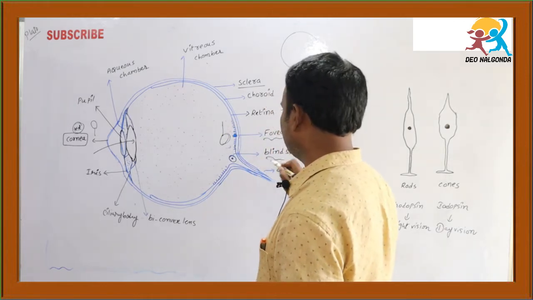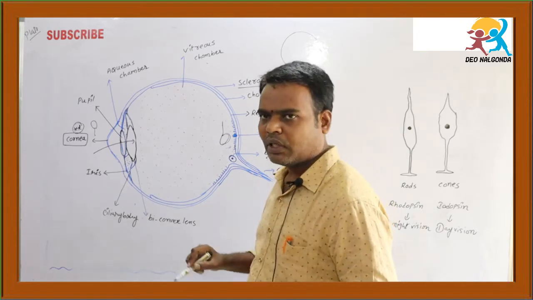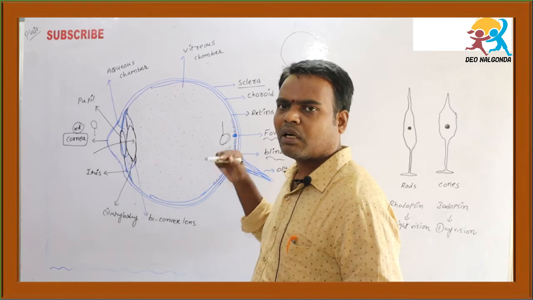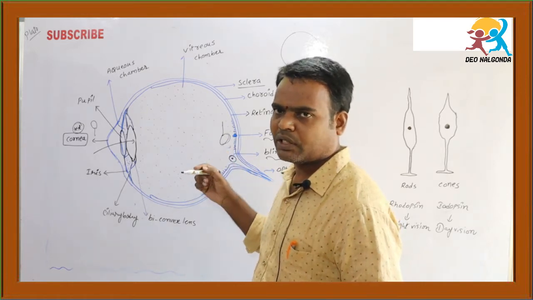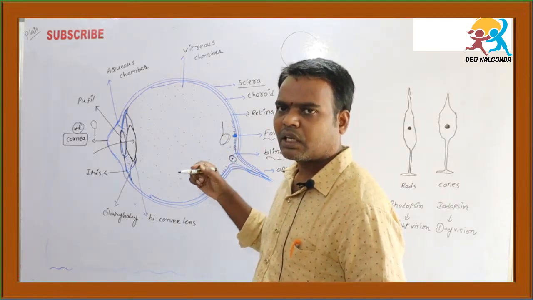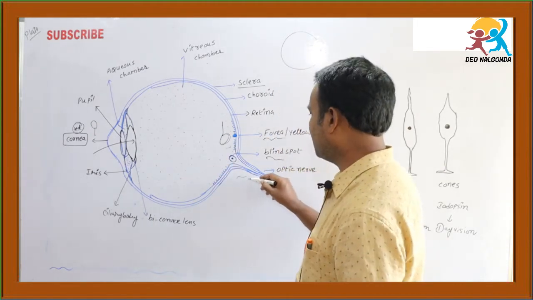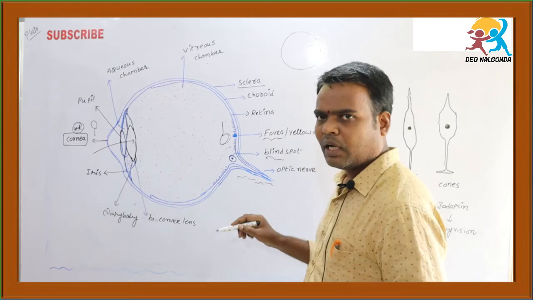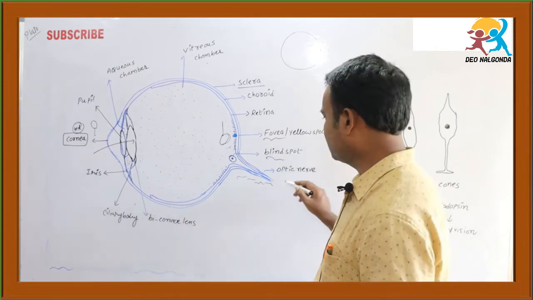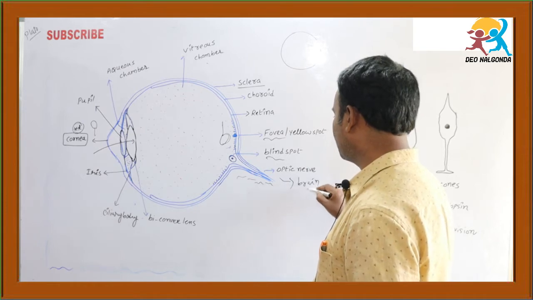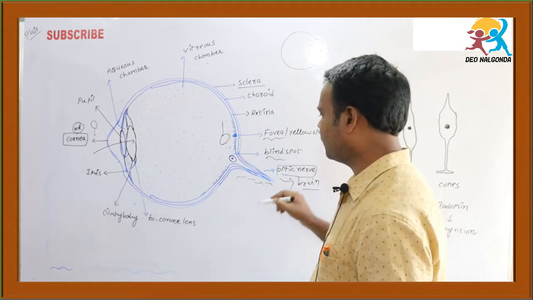When it forms on the retina, you know that different types of cells are present, as I told you. Those cells are nothing but rods and cones. The chemical composition of the rods and cones is changed, and due to these changes, electrical impulses are produced automatically. These electrical impulses are transported to the brain through the optic nerve.